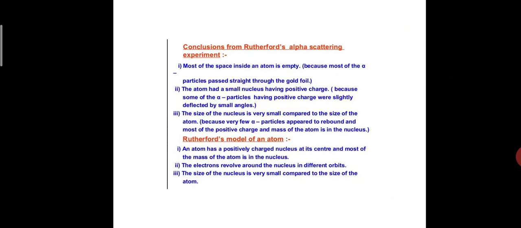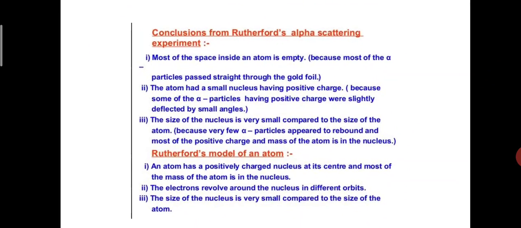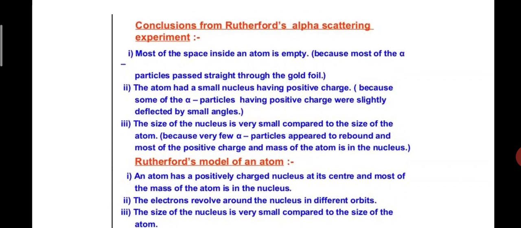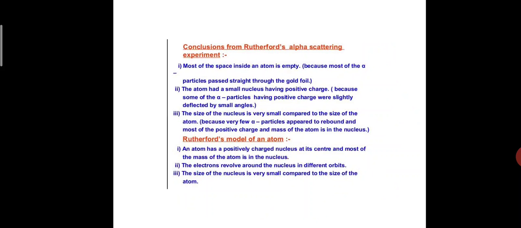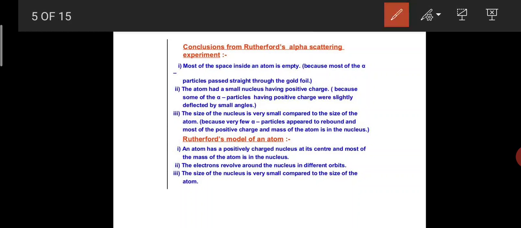What was the conclusion from Rutherford's alpha particle experiment? The first situation was most of the alpha particles pass straight through the gold foil. Why? Now you can see most of the space inside an atom is empty. You can see the diagram.